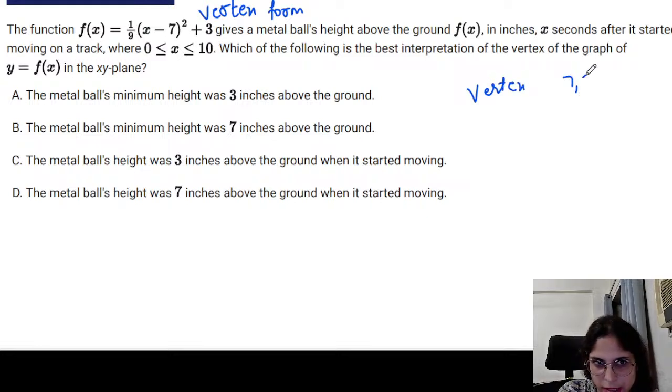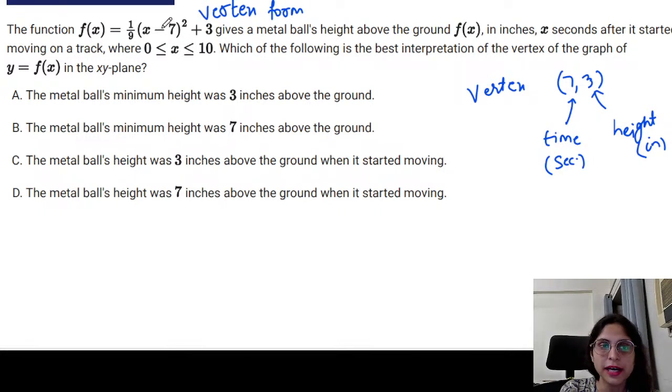Your vertex is 7, 3. x gives the metal's height above the ground. So this is your height. This is your time in seconds. This is in inches, this is in seconds.